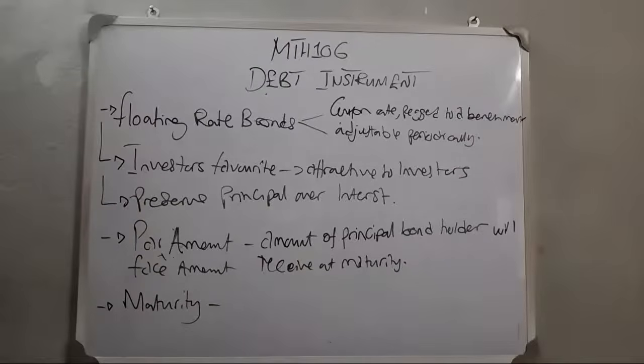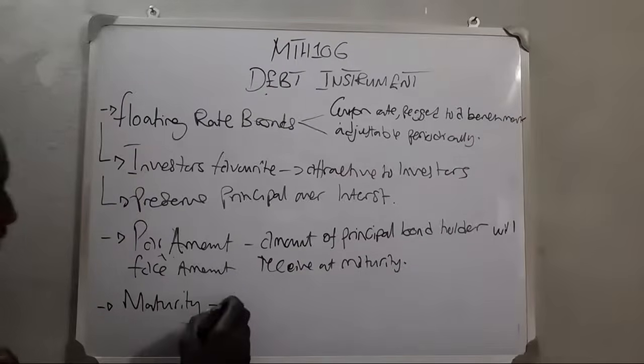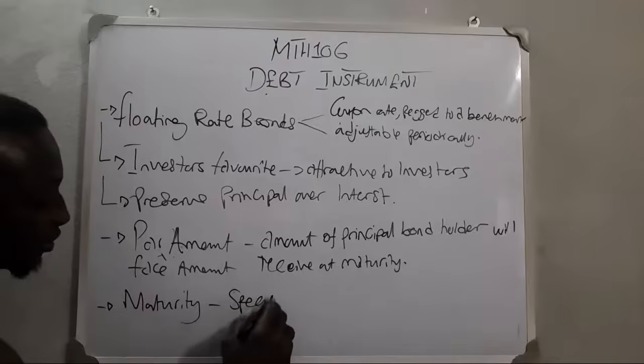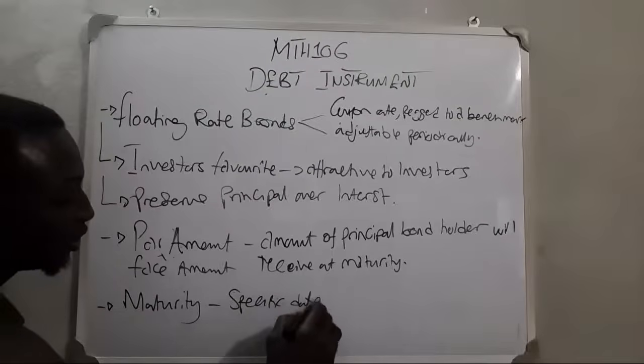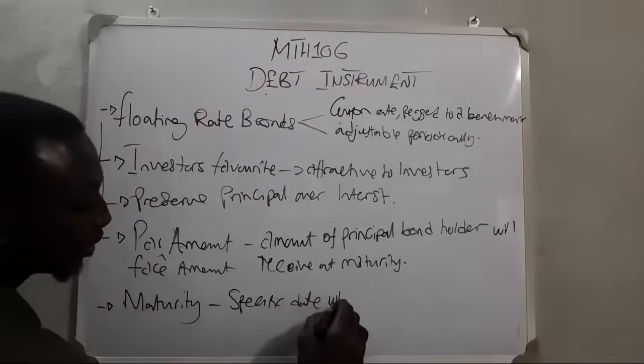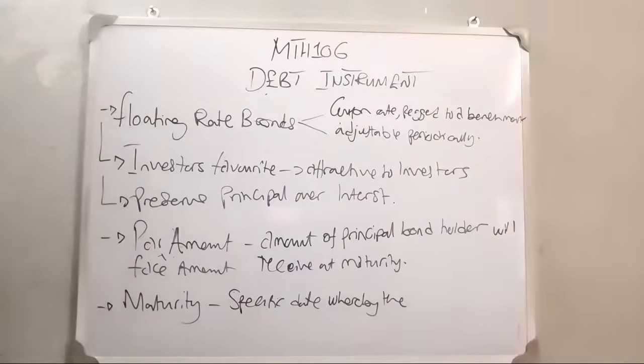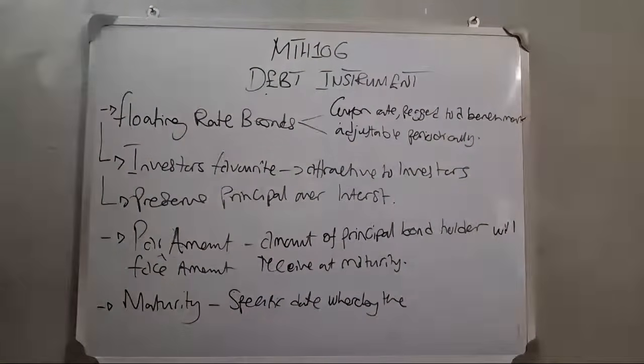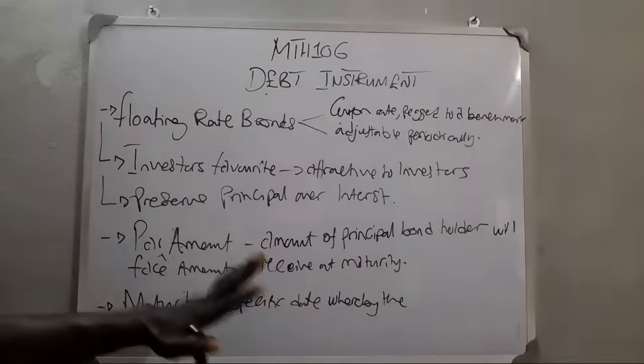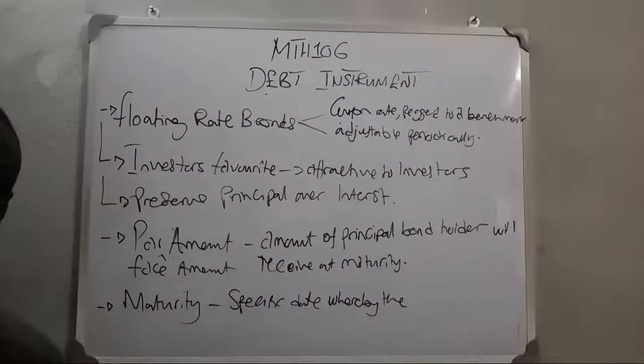This is the specific date whereby the onigbese, sorry for using that word, people that understand Yoruba will understand what I just said, the bond issuer is obligated to pay back the principal to the bond holder.